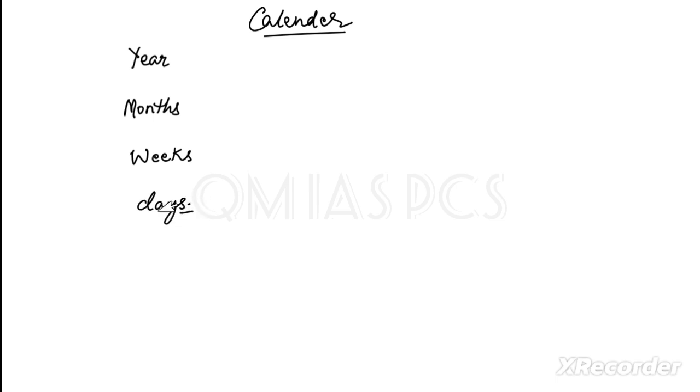Now, if you look at the 1 year calendar, there will be 12 months. Then the total number of days is 365 or 366 days.